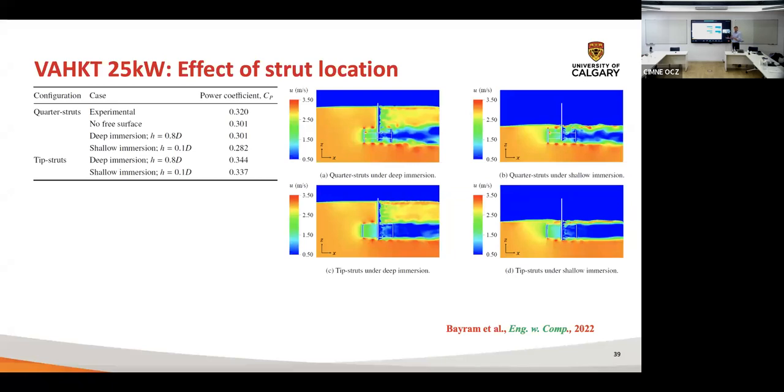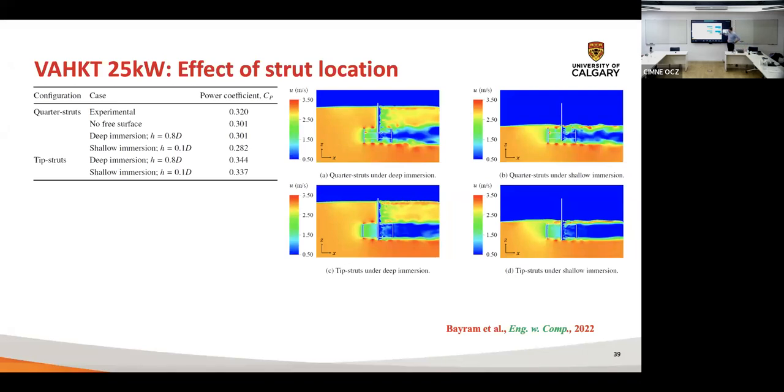But it was from the pure hydrodynamic point of view, because what is bad about that design, from the structural point of view, is you have pretty much a doubly supported beam, which will start developing lots of oscillation. So we are now doing the pure structural analysis and FSI on that to really investigate the problem from the structural point of view.